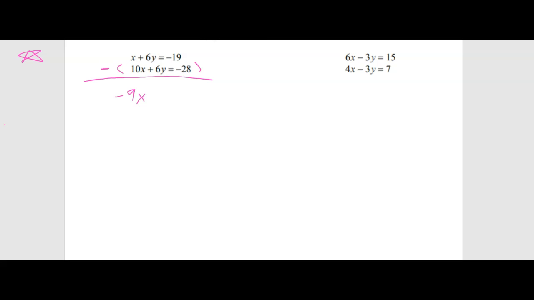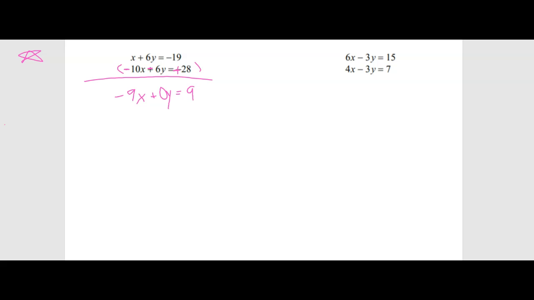You could just distribute the negative, so I get negative 10x minus 6y and plus 28, and then you could go ahead and add everything. So x plus negative 10x is negative 9x, 6y plus negative 6y is 0y, and negative 19 plus 28 gives me positive 9.